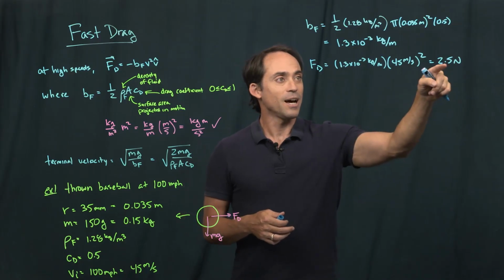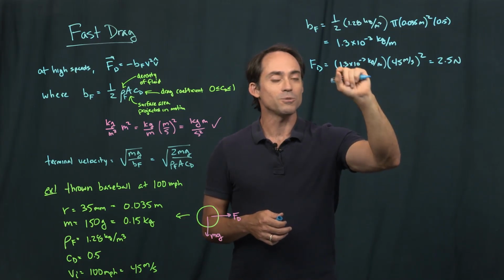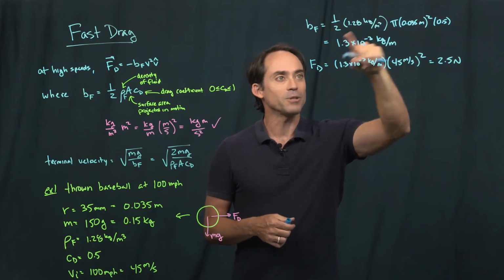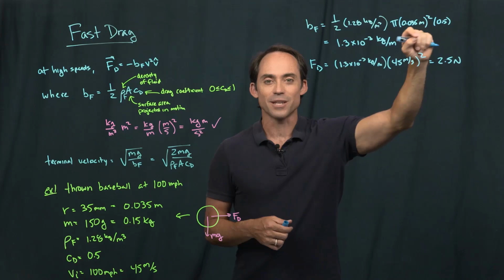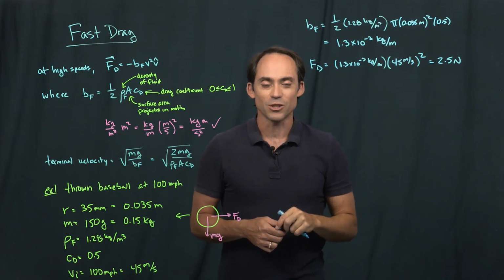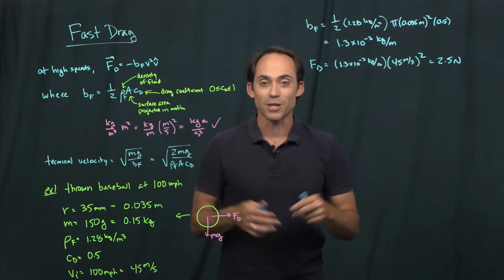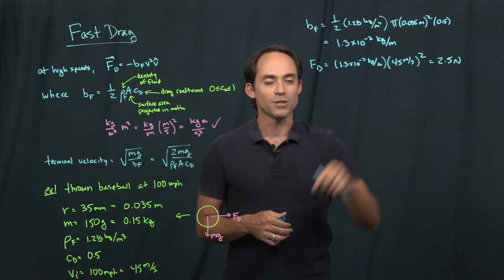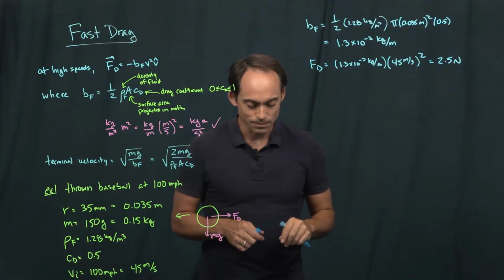Now notice again, I've been careful here about using the correct number of significant digits. I was a little bit sloppy here because I used 0.5 as one significant digit. In fact, we can make that 0.50 because that's about the level that we know that drag coefficient. But throughout here we're keeping our significant digits. I just want to make sure we point that out.